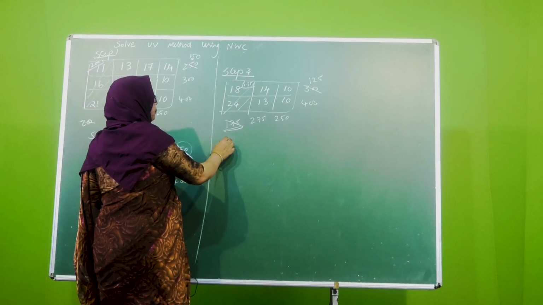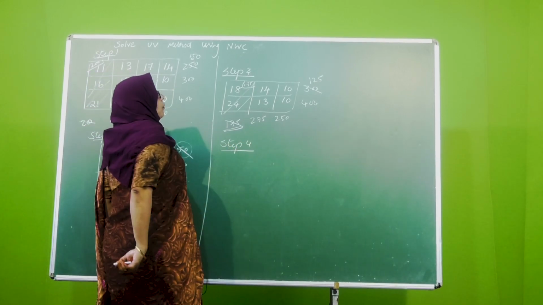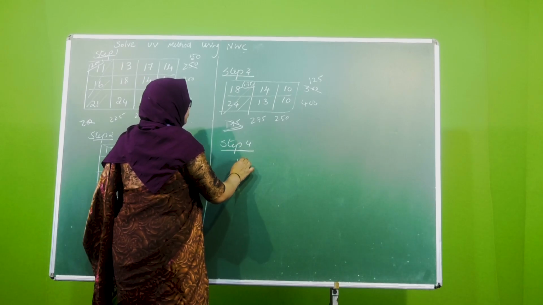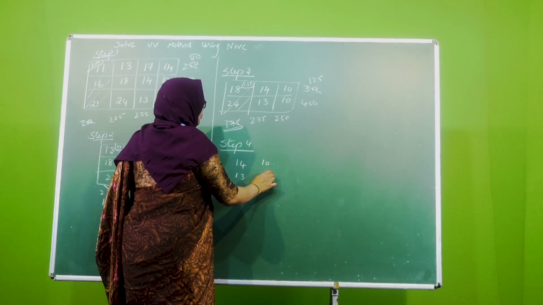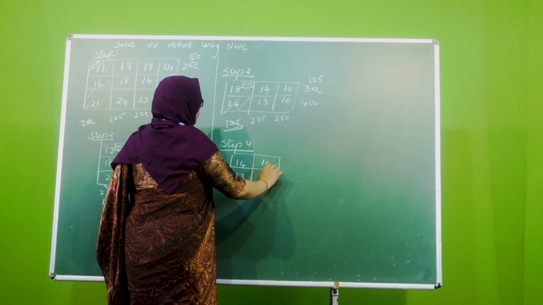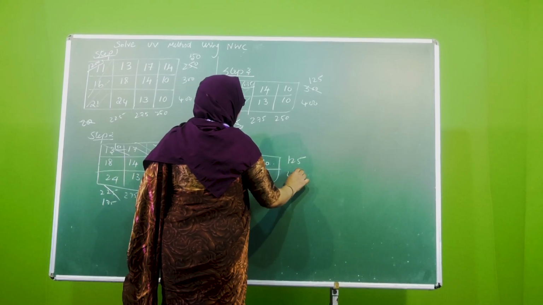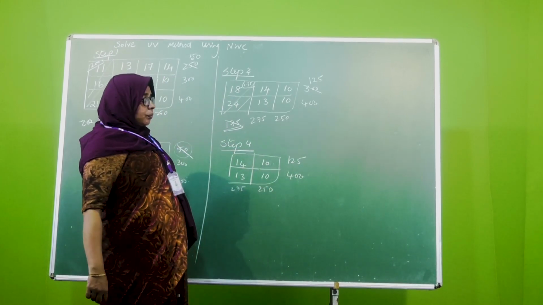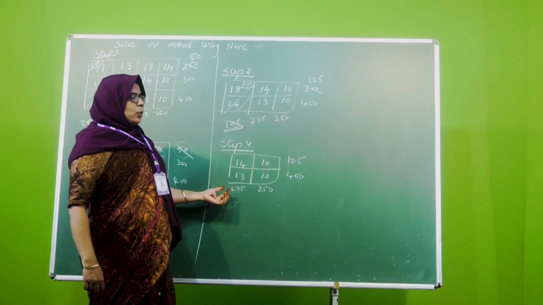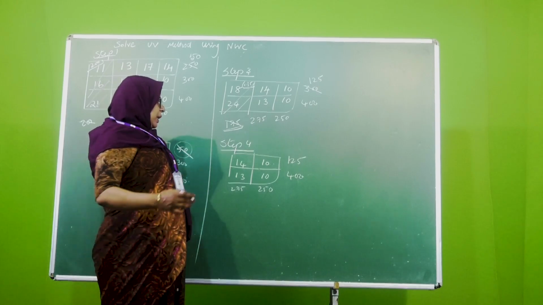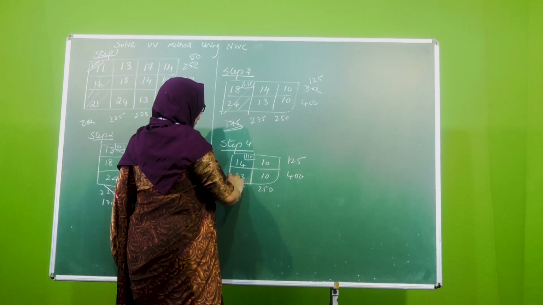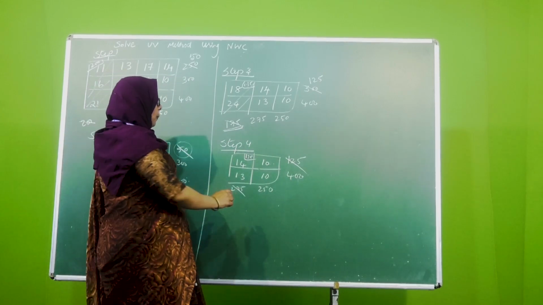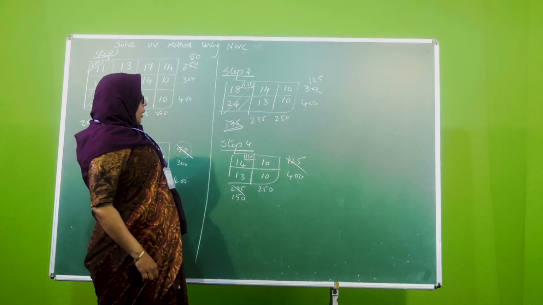Step 4. The remaining elements are 14, 10 and 13, 10. The row elements are 125, 400, and the column elements are 275 and 250. The minimum is 125, so we allocate 125 and subtract 275 minus 125, that is 150.